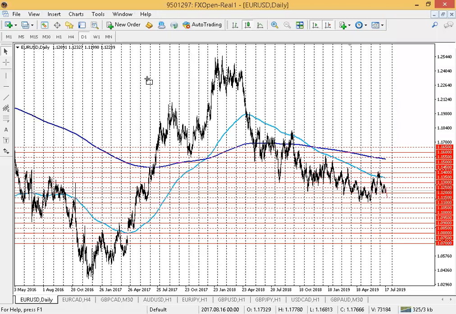I know a lot of people try and make it seem like they can squeeze every pip or half a pip or pipette out of the market, but it's very difficult for you to actually do that, because the people who have much more money, experience and resources than the average retail trader have the advantage, and therefore they will be able to dictate where price will actually move, especially in the short term.